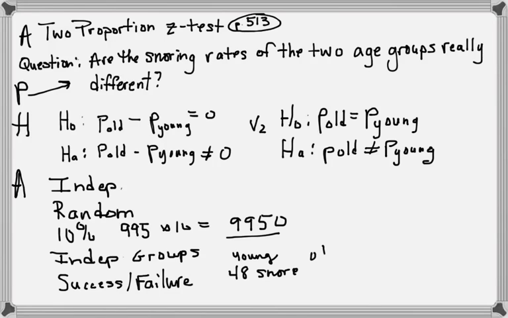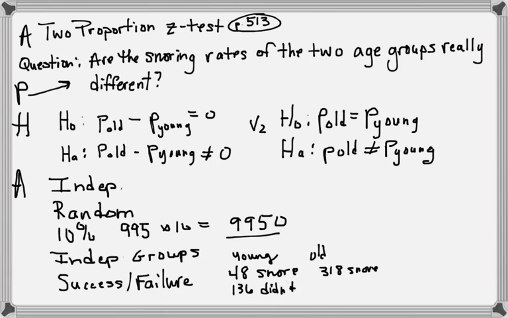In the old, we had exactly 318 to snore. In the younger group, we had 136 that did not. If you think about what I'm doing, I'm actually just telling you how many snored and how many didn't snore.